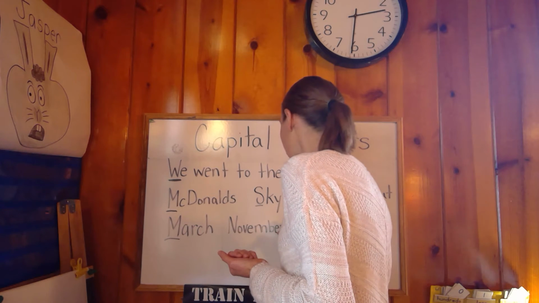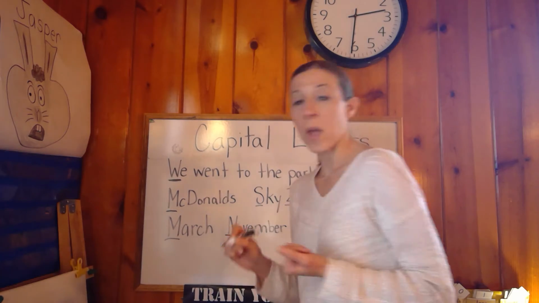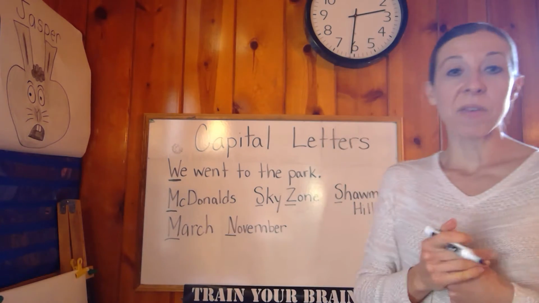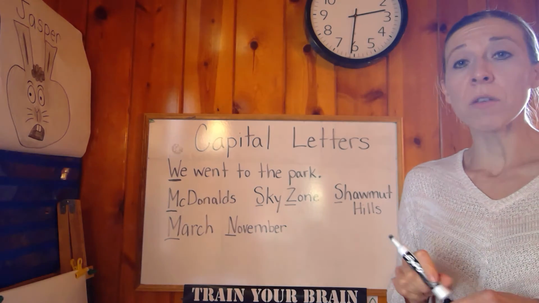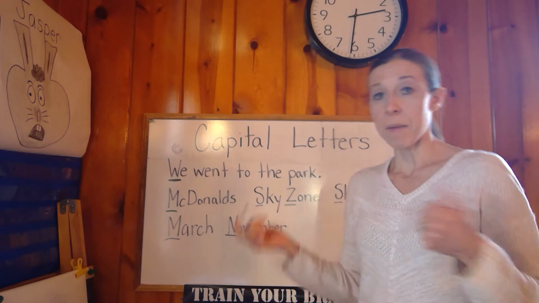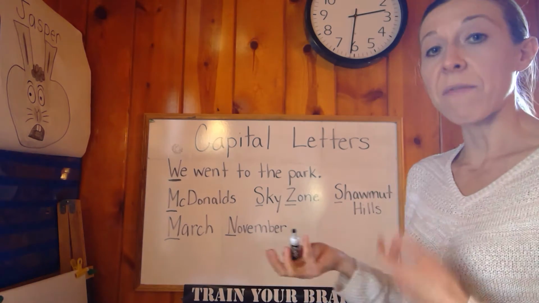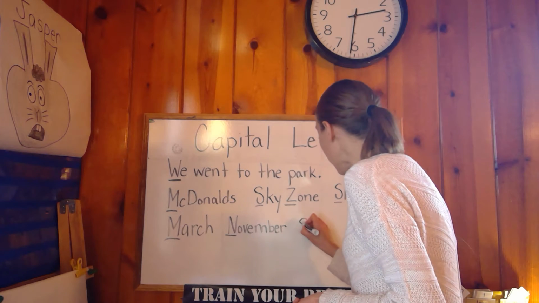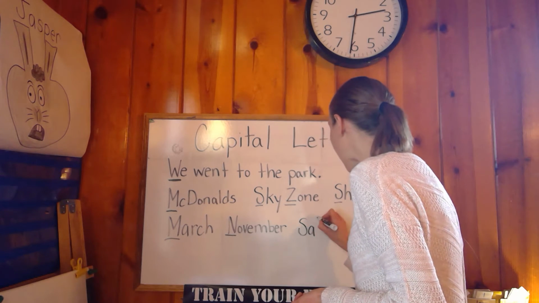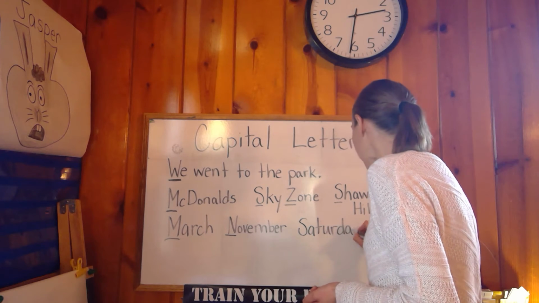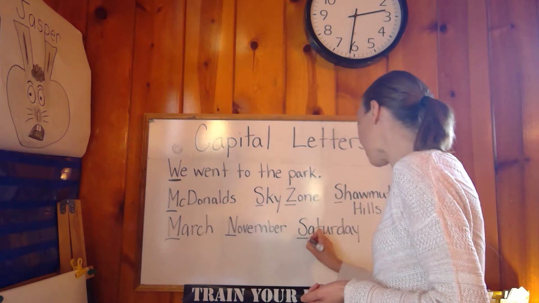So every single month, all 12 of them, when you write the name of them, you have to have a capital letter. You also need a capital letter if you're talking about the days of the week. Sunday, Monday, Tuesday, Wednesday, Thursday, Friday, Saturday. Anytime you write the day of the week, it has to have a capital letter because you're talking about a specific day, Saturday.